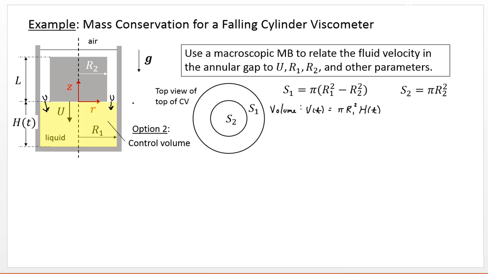It's the entire top surface area, pi r1 squared, multiplied by the height h of t. And then now we can look at the two parts of this composite surface.